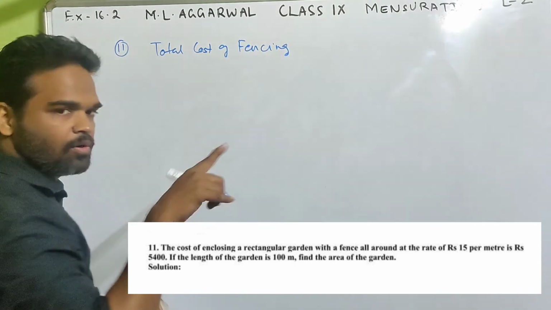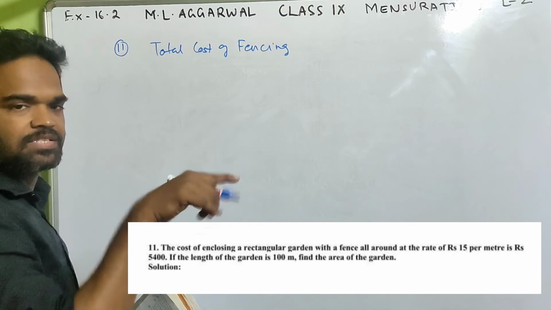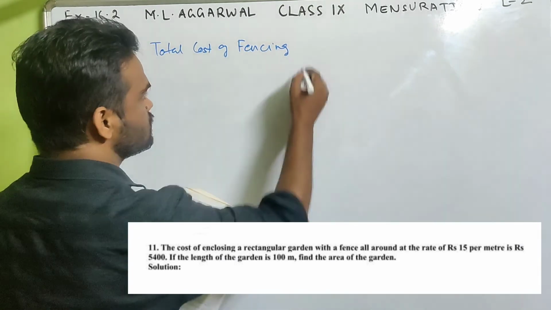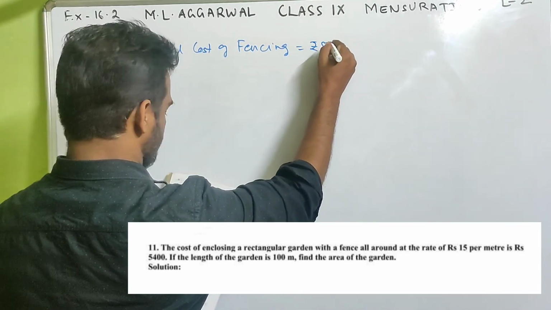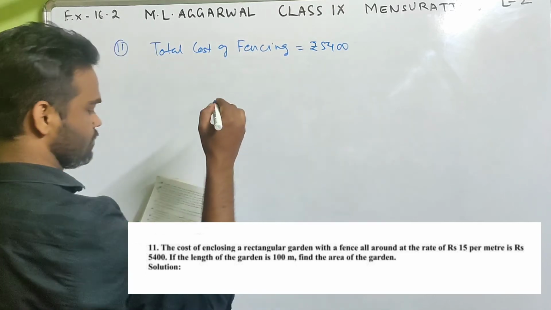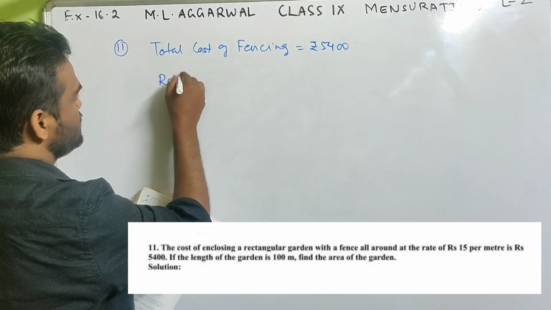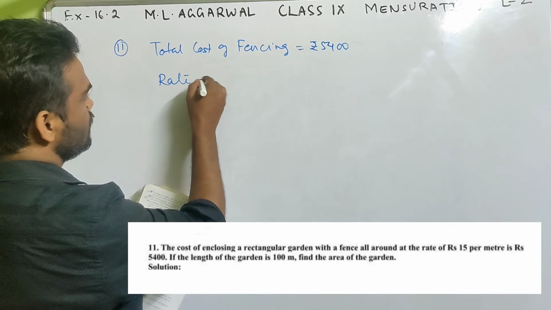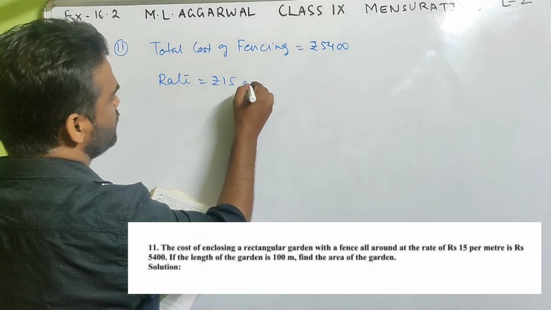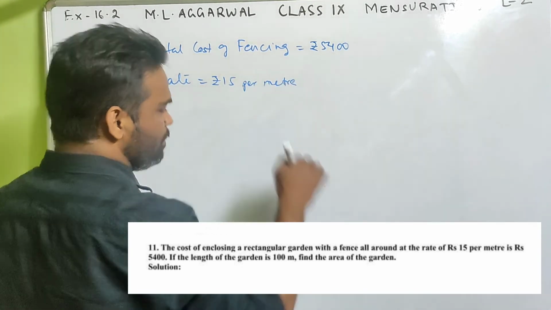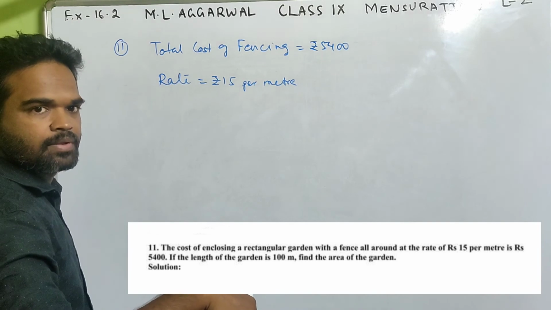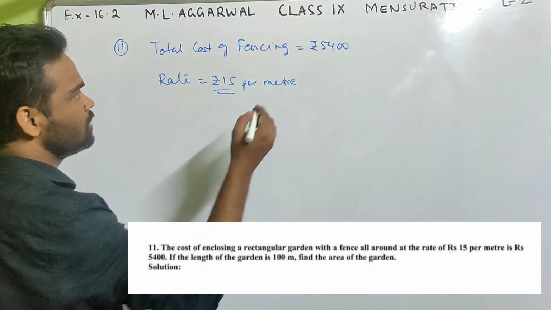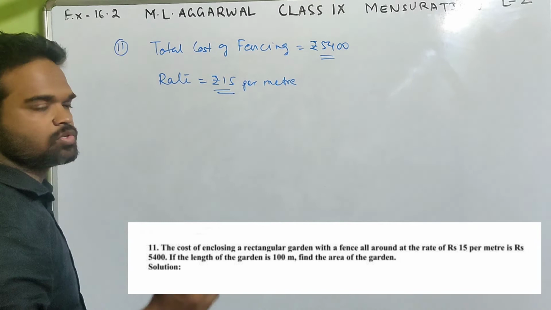They have given that there's a rectangular field and they are putting a fence all around it. So the total cost of fencing is rupees 5400, and the rate of fencing per meter is rupees 15, which means for 1 meter of fencing they need rupees 15, and the total cost of fencing is 5400.